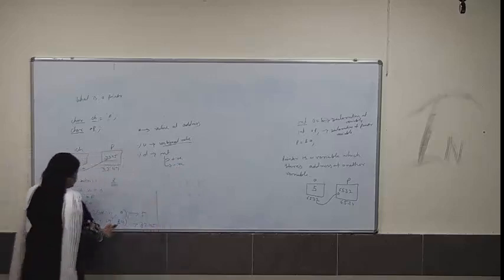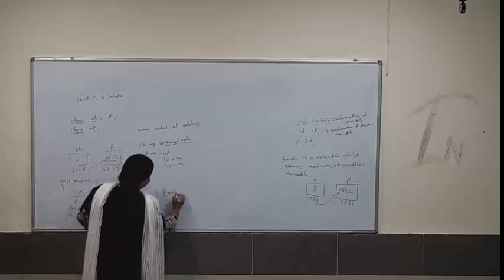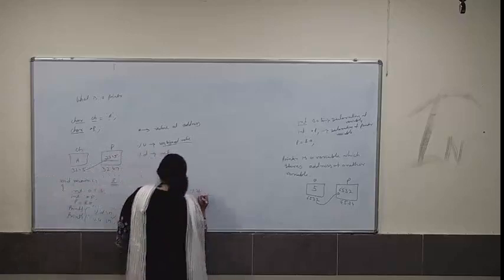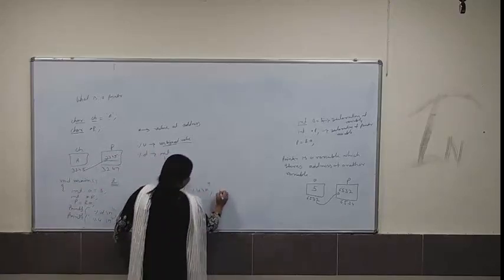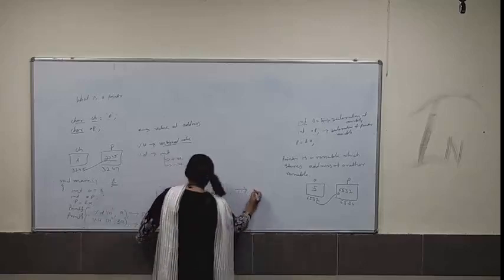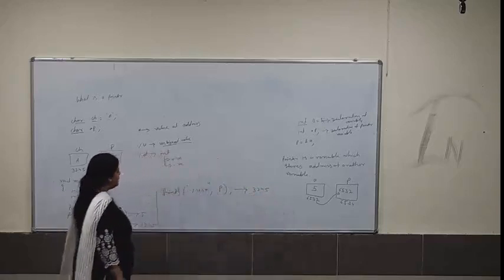Similarly, here I am using ampersand A. But if I use printf percent d, or you can say percent u slash n, then comma P, what will it give as the answer? The same result, like 3245. That is also the address. Why is it the address?